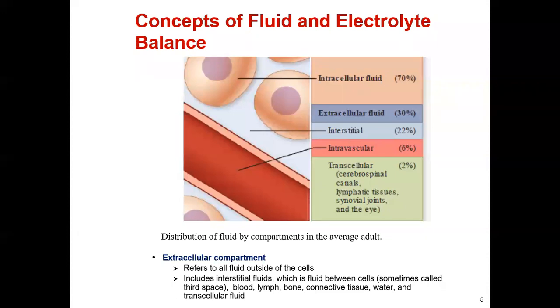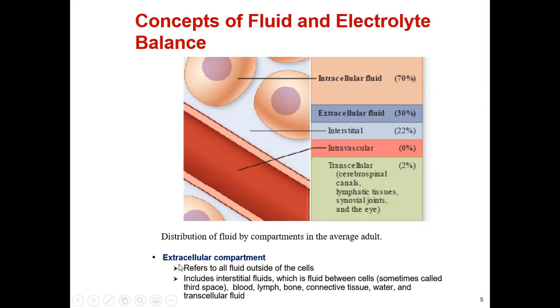The fluid inside the blood vessel we call intravascular. The fluid in between two cells or outside the cell we call extracellular. And fluid in between cells and the vascular system we call interstitial. So this is the distribution of fluid by compartment, right?